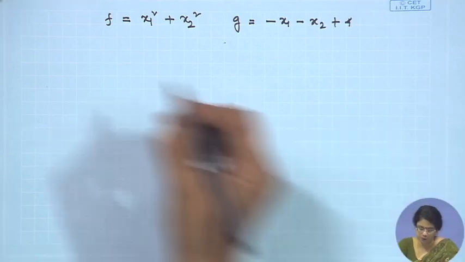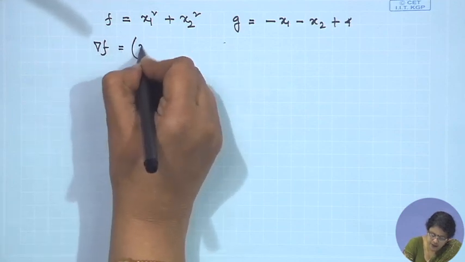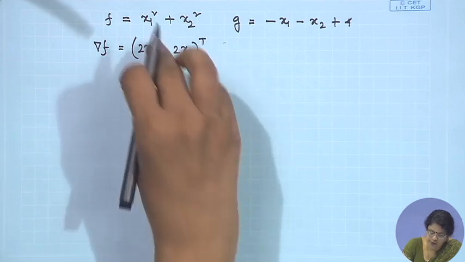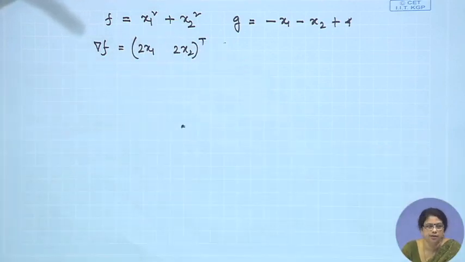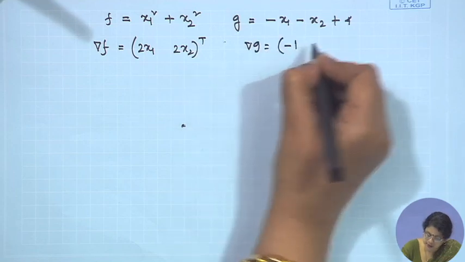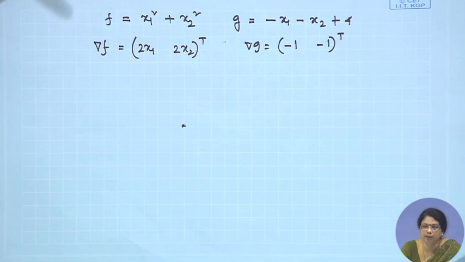If we do so, then what is grad f? Grad f would be 2x1, 2x2 transpose, because that is a column vector. Grad g would be minus 1, minus 1, again a column vector, that is why we are putting the transpose.